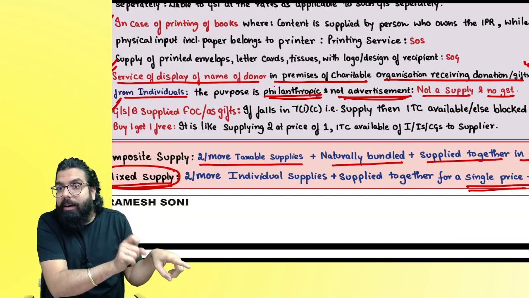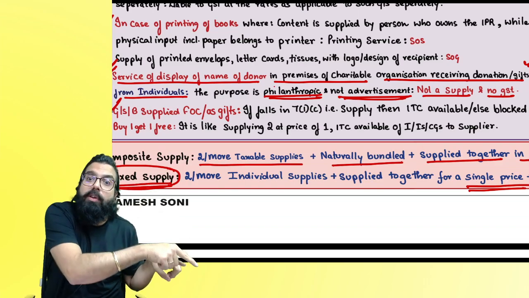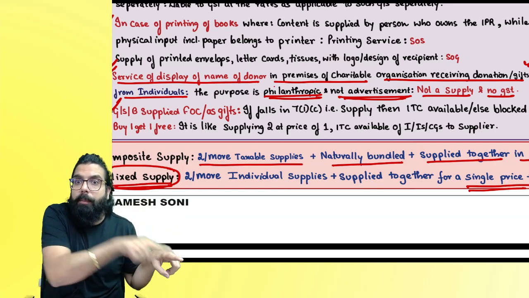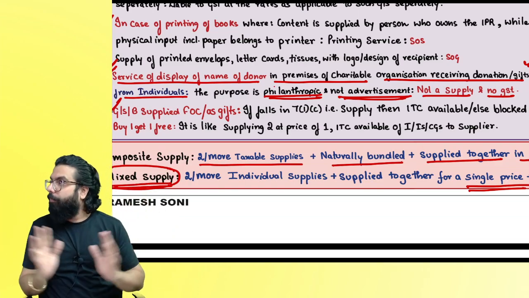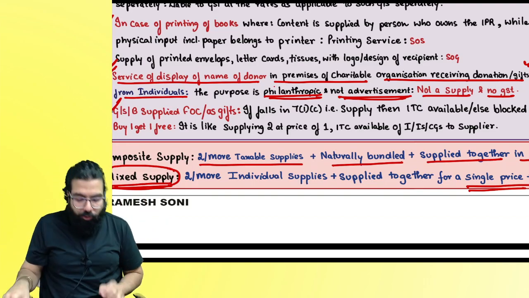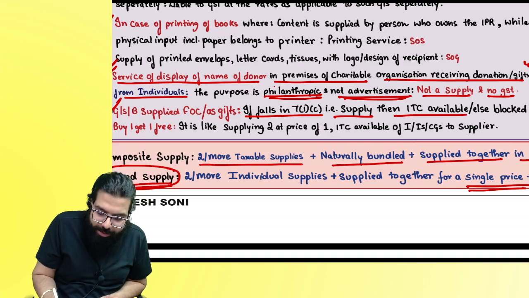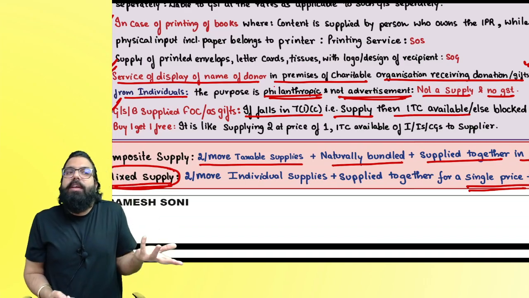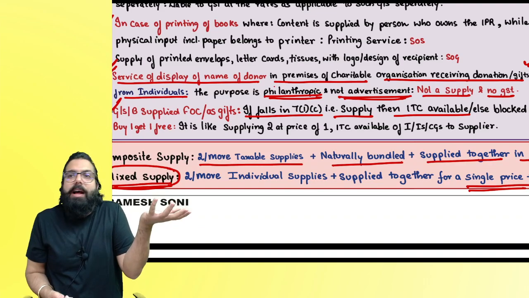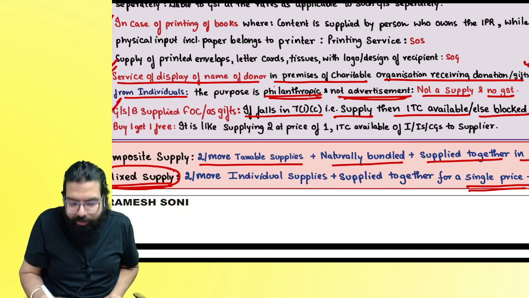Is it a permanent transfer of a business asset on which ITC was taken? No, it is not a supply, and ITC will be blocked. Can we go ahead, everyone? The next one over here. So if it falls in 7(1)(c), it is supply. If it is supply, then I will take ITC. But if it is not falling in 7(1)(c), it is not supply, and I will not get ITC also.